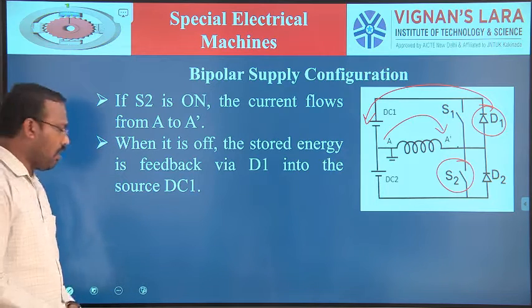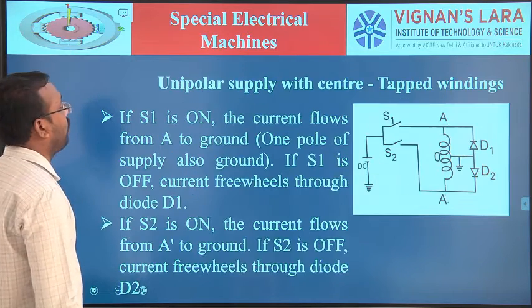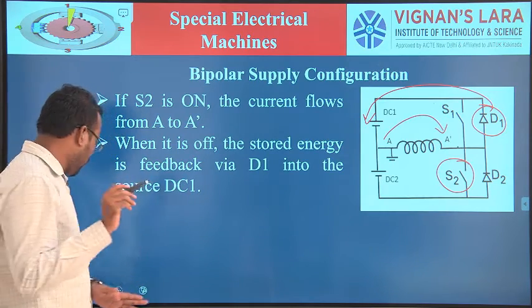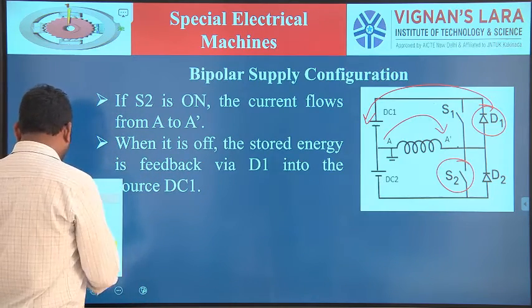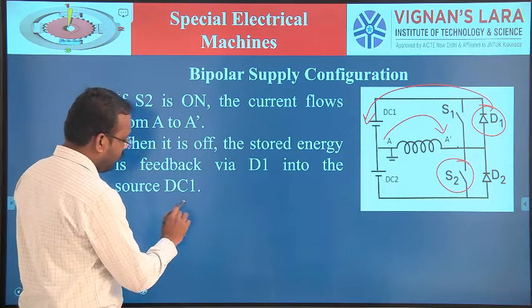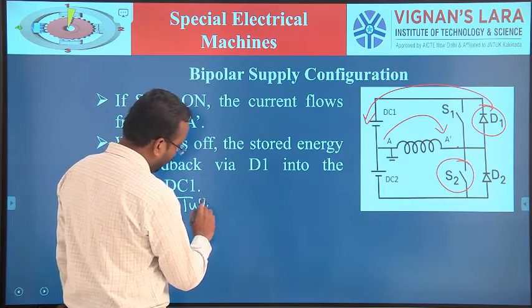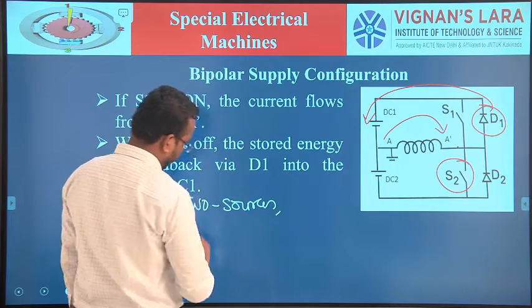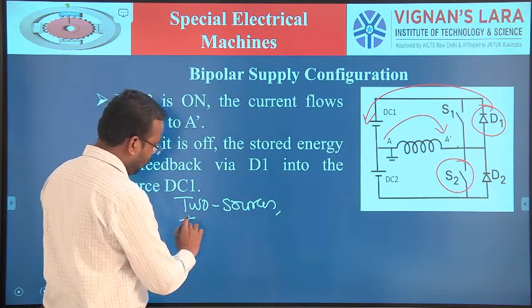So this is the bipolar configuration. The important observation from this bipolar configuration is that we use 2 sources and also reduce 2 switches.